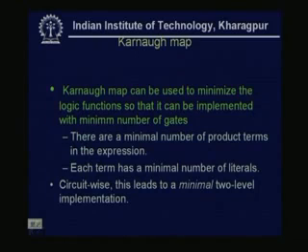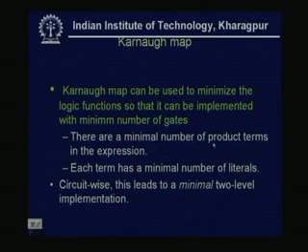It is a graphical representation of Boolean expressions if they are in some standard form, either a sum of min terms or a product of max terms, because a product of max terms can also be represented by a sum of min terms. Then, if we represent it graphically, there are rules by which we can simplify the expression with a minimum number of literals and operators, so that the function can be realized with a minimum number of gates.